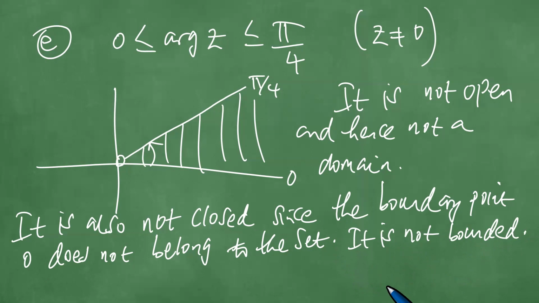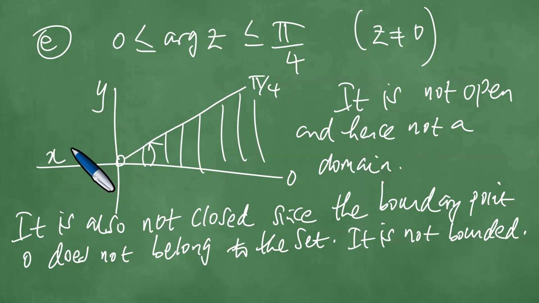So it is not closed, because this point does not belong to the set. So it is not a bounded set, but this is the sketch of it, and this is y and that is x.